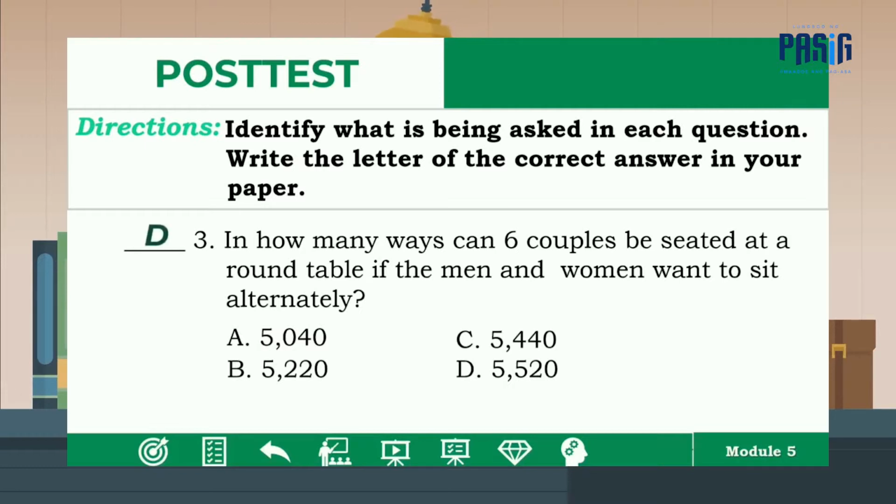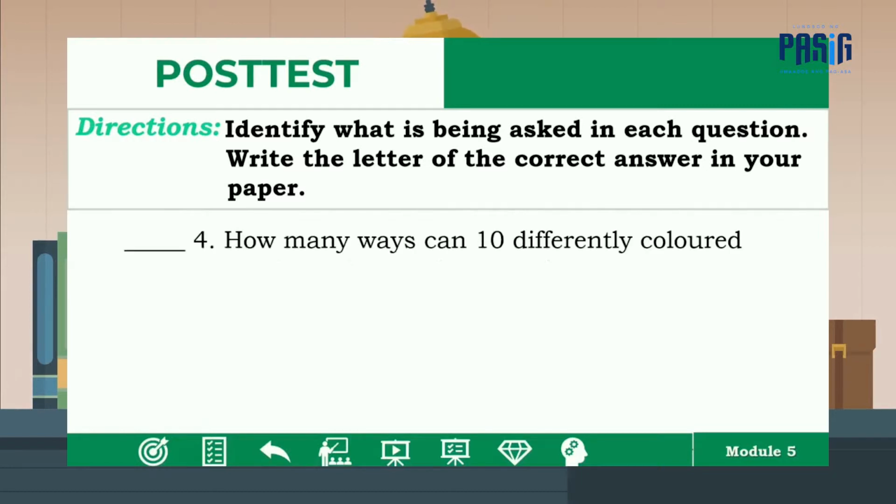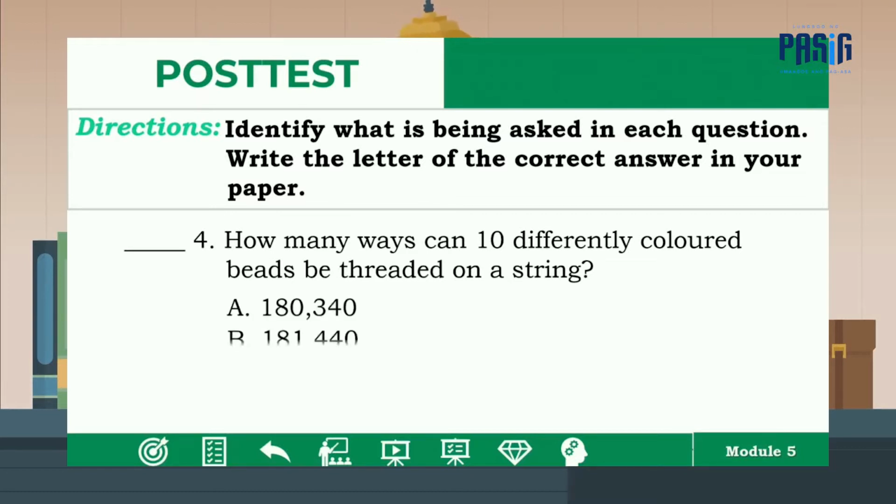The correct answer is letter D. For number 4, how many ways can 10 differently colored beads be threaded on a string? A, B, C, or D? The correct answer is letter B.